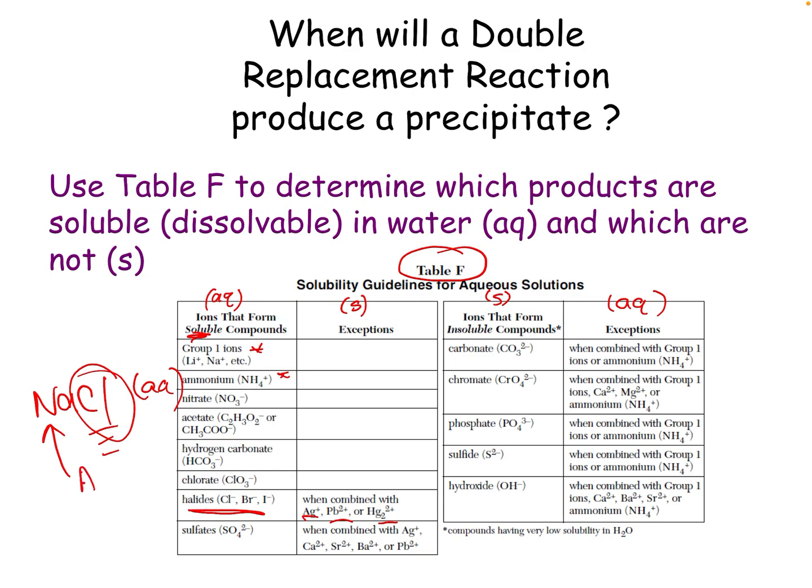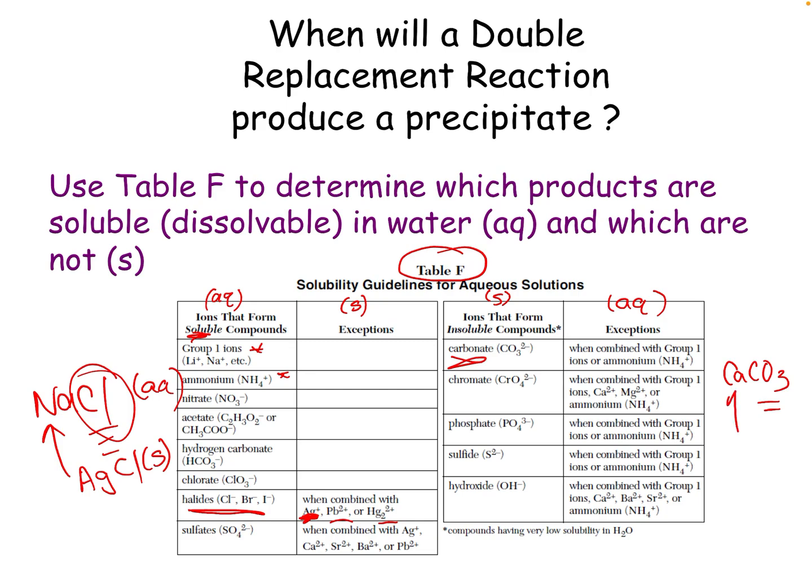However, if I had silver chloride, I know that that is an exception, which means that would not dissolve in water. It would stay a solid. It would be insoluble. On the other side, if I had something like calcium carbonate, once again, I would look for my anion, which is carbonate. Here it is. Carbonate is insoluble except when combined with group 1 or ammonium.